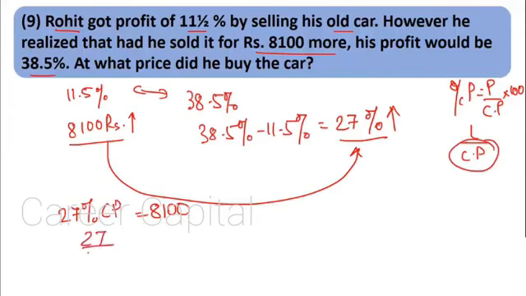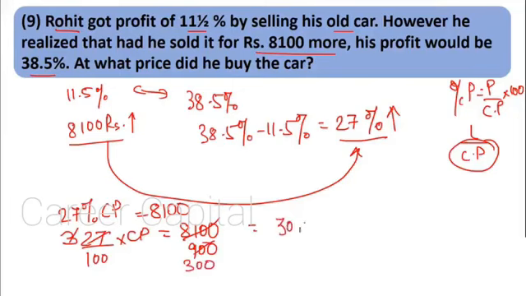So that would be 27 upon 100 into cost price is equal to 8,100. 9 9s are 81, 9 3s are 27, so that would be 3 into 300. So cost price would be 100 into 300, 30,000 rupees. This is the cost price of the car, or the price at which Rohit bought the car. Moving to next question.